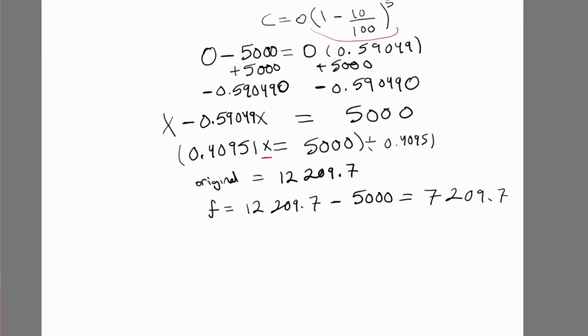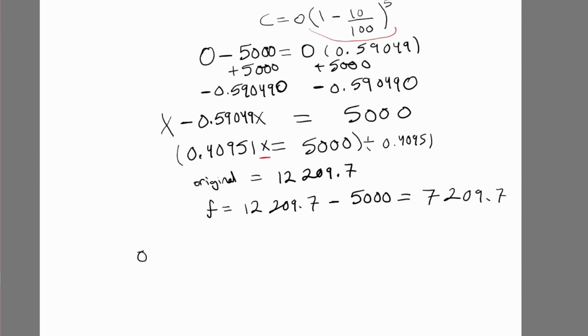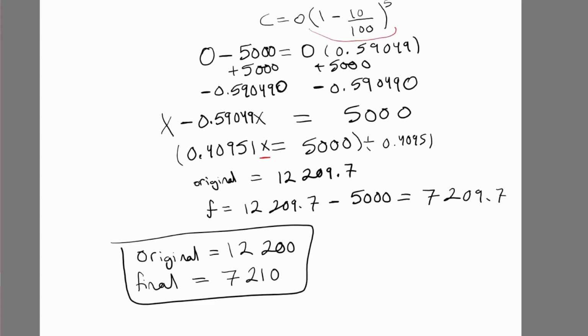Now let's write both correct to 3 significant figures. The original is 12,200, correct to 3 significant figures, and the final price is 7,210. Okay, this is also correct to 3 significant figures.